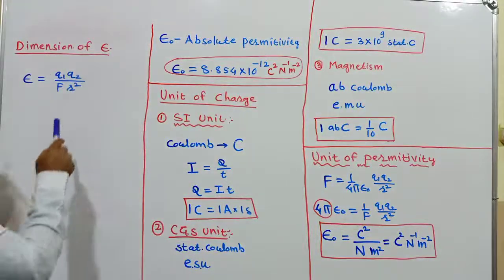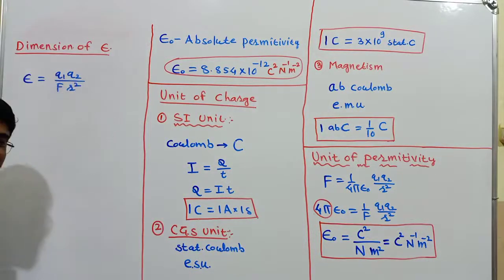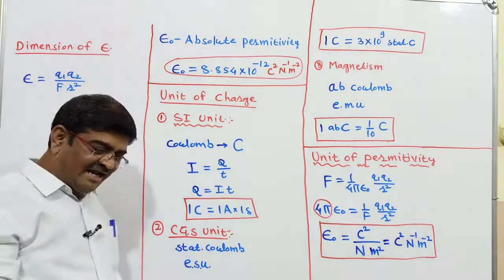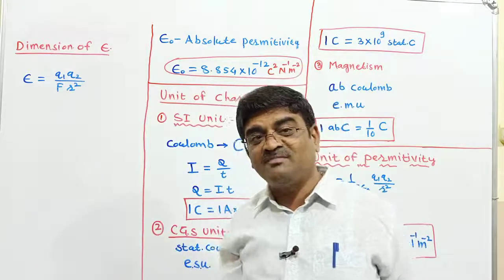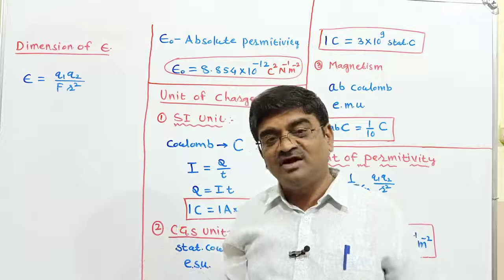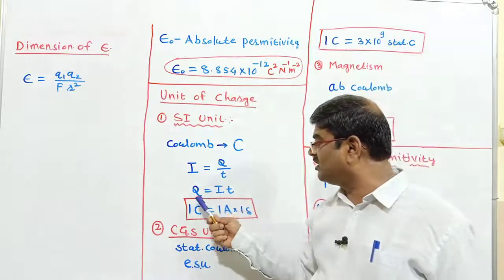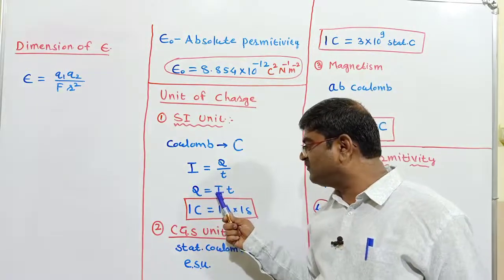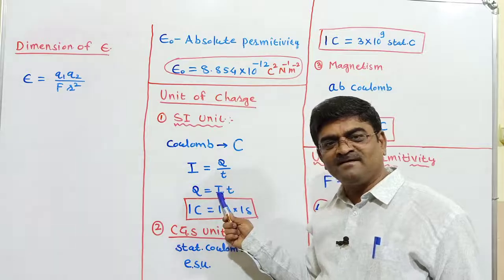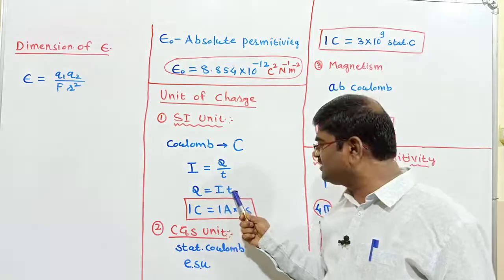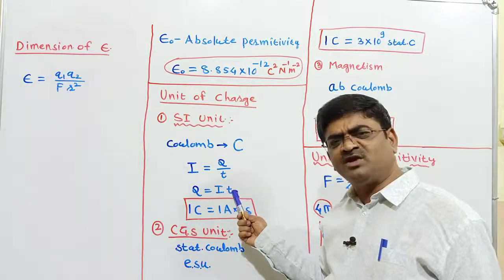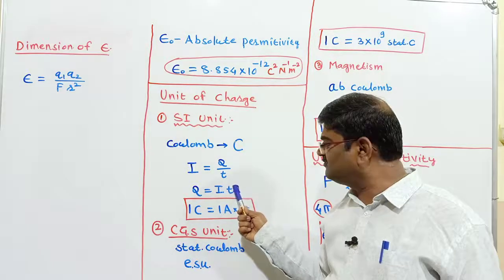Now I need to know the dimensions of charge. Remember, charge is not fundamental. So while writing the dimensions of any derived quantity, you need to have that in fundamental quantity form, and then you get the dimension. So Q: the dimensions of current, abbreviation we use as I or A. Dimensions of time, 1 in time, capital T we write.